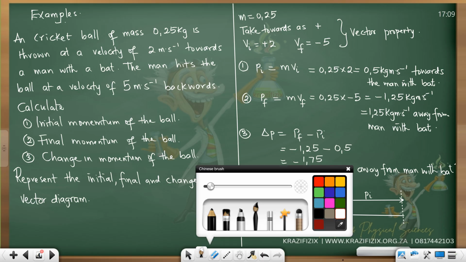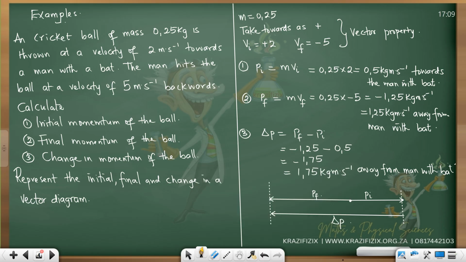So if we write the value, the value would make a lot of sense. 0.25, 1.25, and this is 1.75. But negative, add, positive. And that's the point of connection.